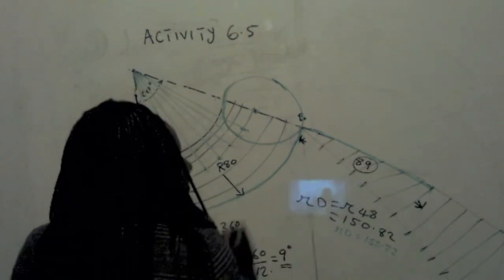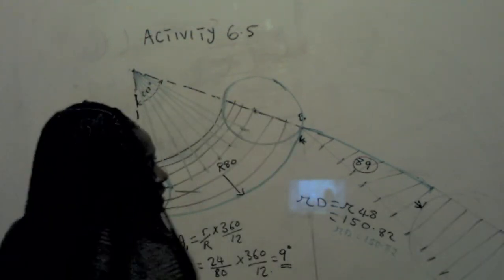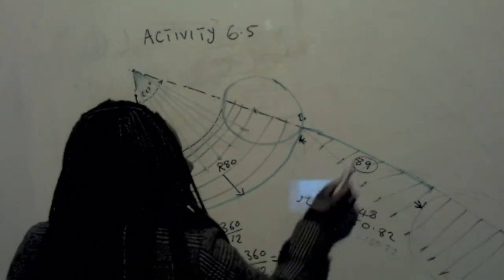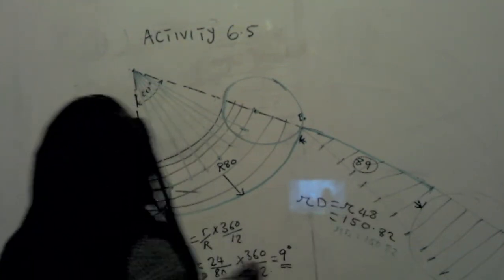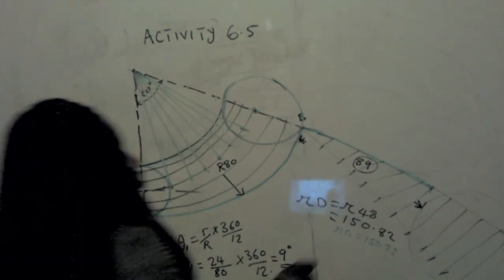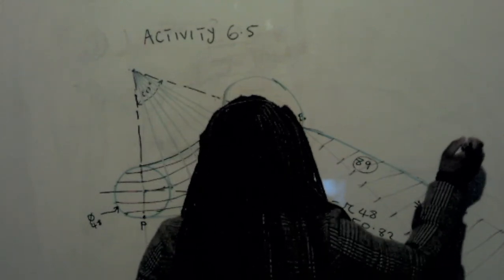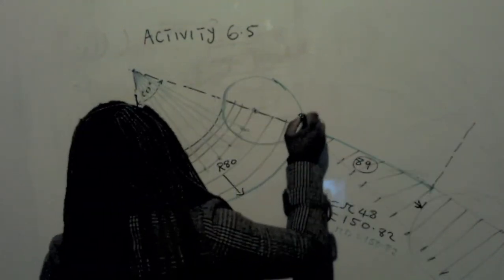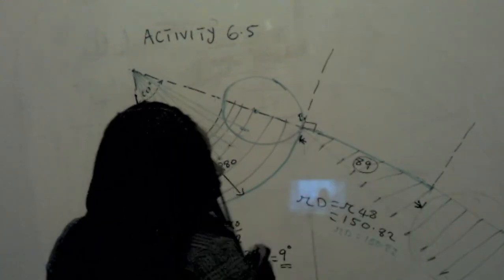Yeah, parallel lines. So I'm not going to use all these divisions, no. I'm going to only use the ones that will fall within 80. How many? 1, 2, 3, 4, 5, 6 only. So I'm going to only work with 6. So what you do is you need to draw a center line here and a center line there, which is 90 degrees to the rod.